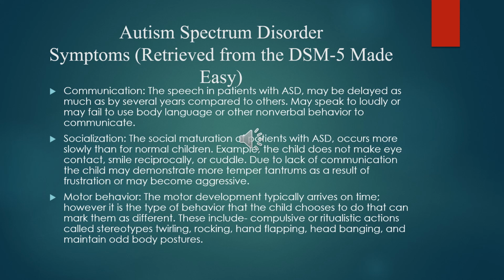The motor development typically arrives on time. However, it is the type of behavior that the child chooses to do that can be marked as different. This includes compulsive or ritualistic actions called stereotypes, such as twirling, rocking, hand flapping, head banging, and maintaining odd body postures.